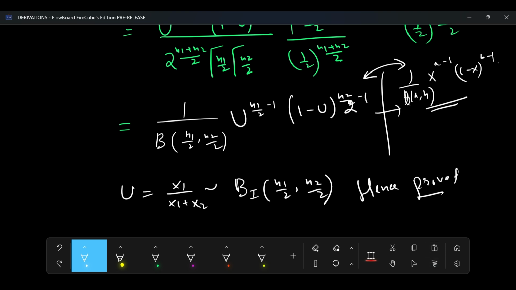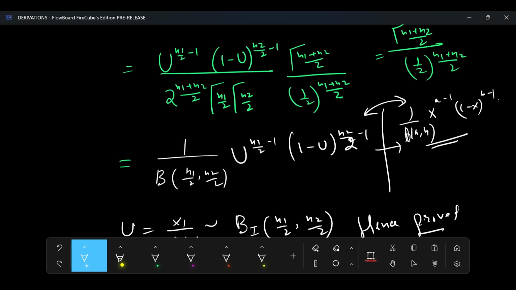So don't get confused over here. There is simply a cancellation of the terms. So we will be left with only this. So this and this will cancel out, and we will be left with only this term, and this and this will go, right?